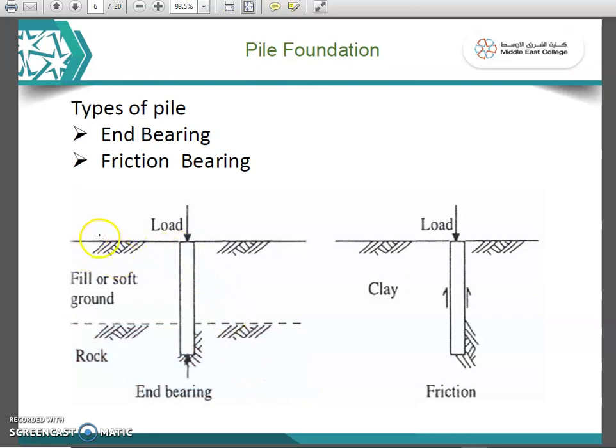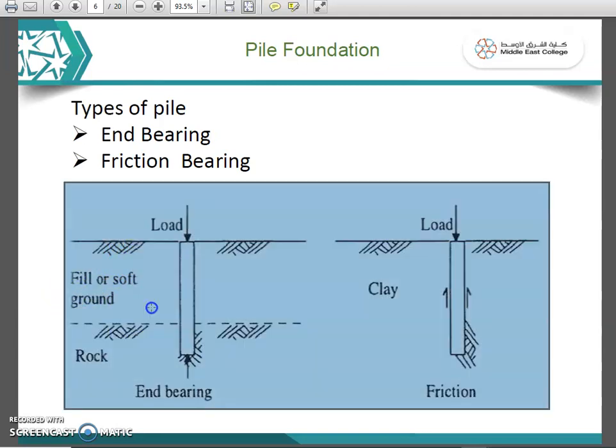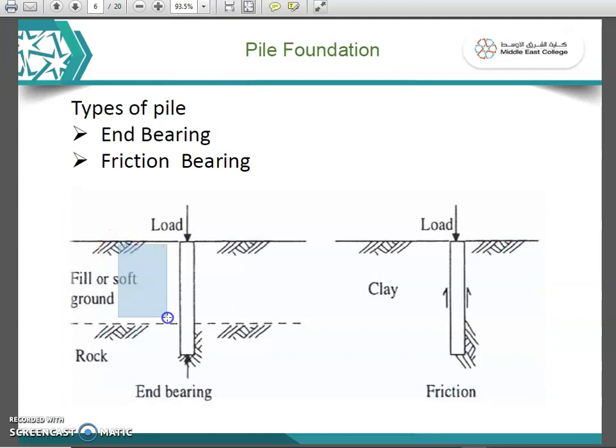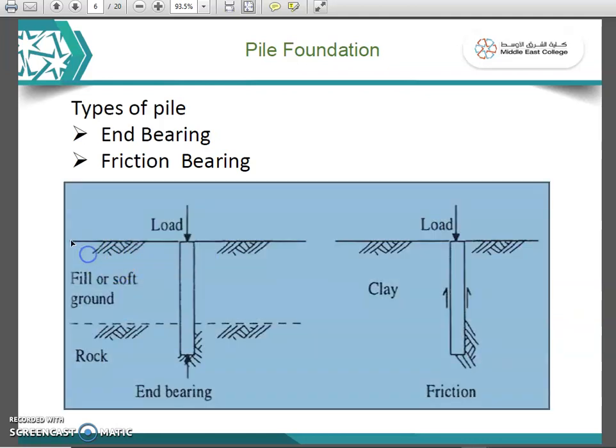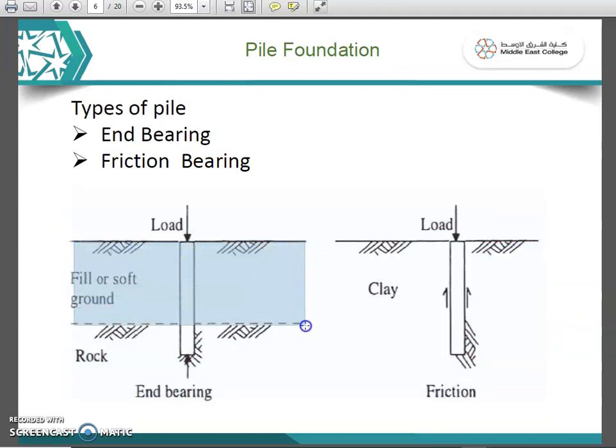In this situation, this place is full of soft ground, so the soft ground cannot show any resistance on this pile. So the pile has to be constructed until the hard stratum. The hard stratum is rock.